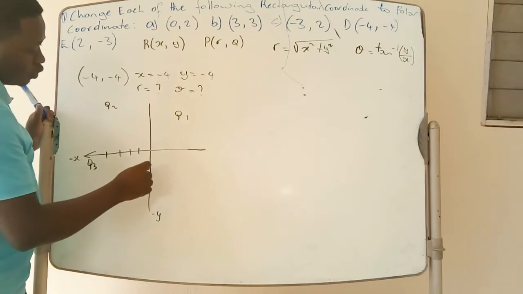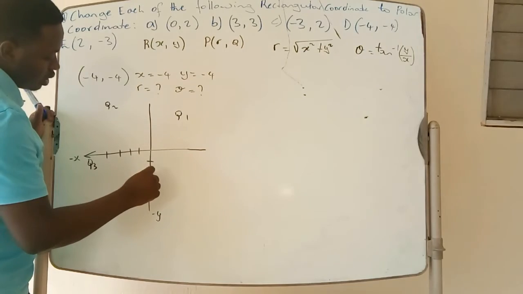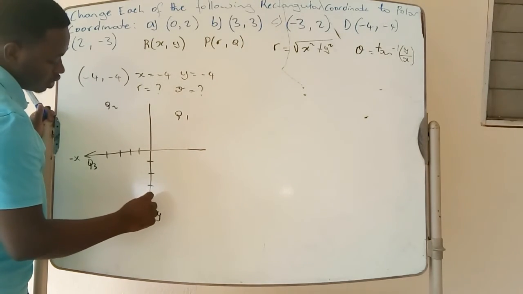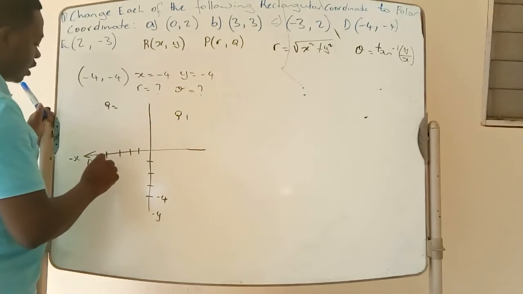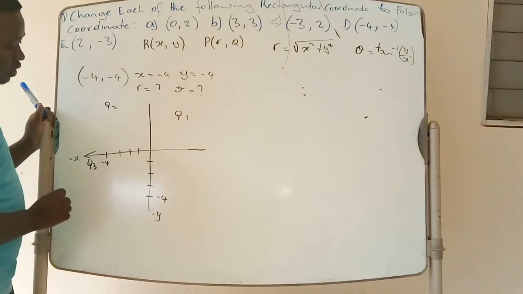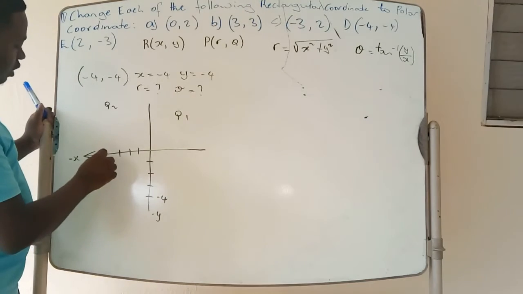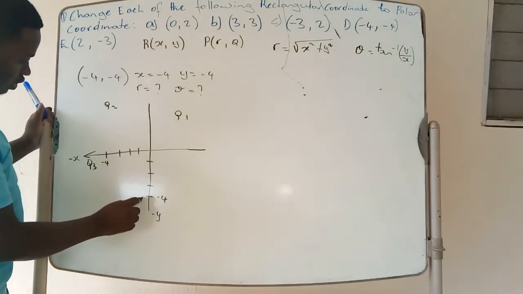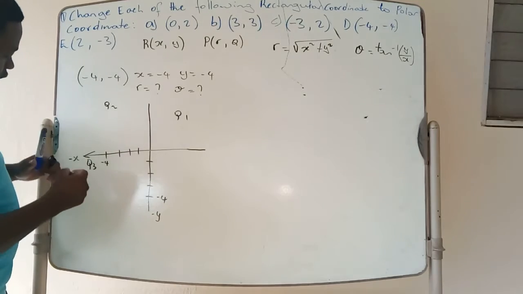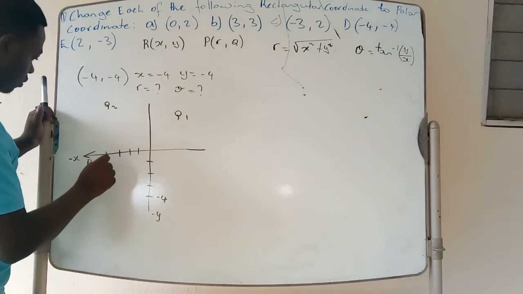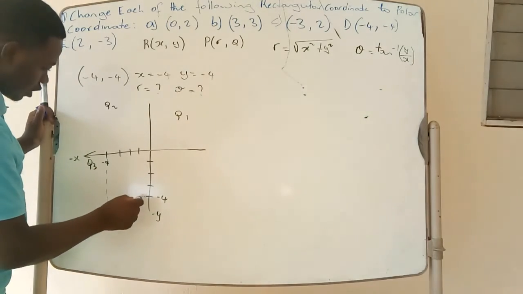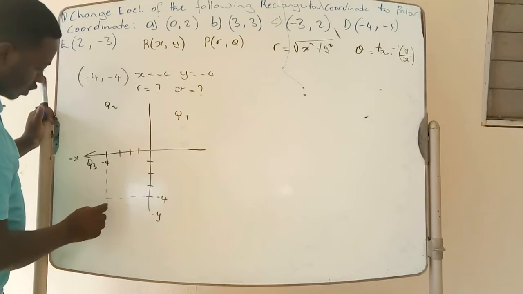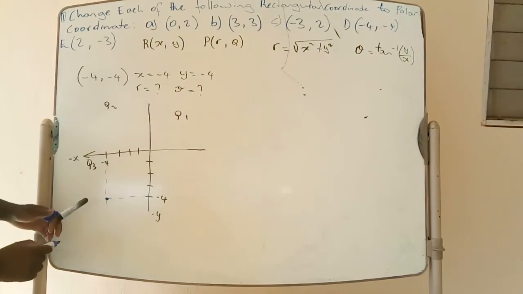And we need 4 down: -1, -2, -3, -4. So the point would be just about here. Right? That's where the point would be.